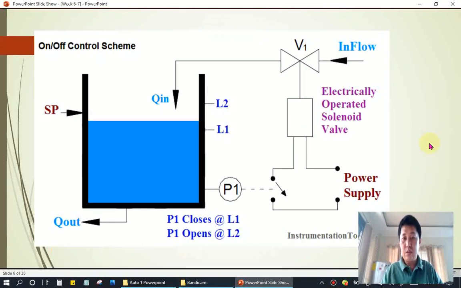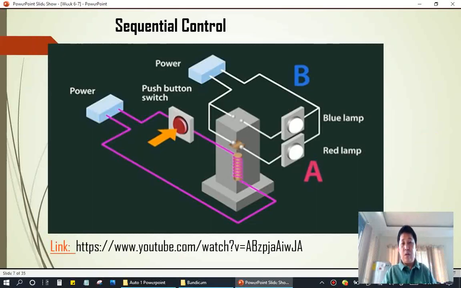Next, this is a sequential control. I will give you this link in Binacle so that you can read it as part of the discussion of the sequential control.